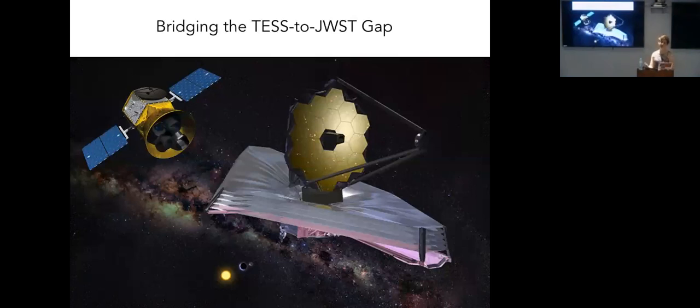TESS is an all-sky photometric survey that is dedicated to finding transiting planets around the nearest and brightest stars. And the name of the game is find the planets with TESS. They're going to be bright, which means we can point James Webb at them and study their atmospheres.